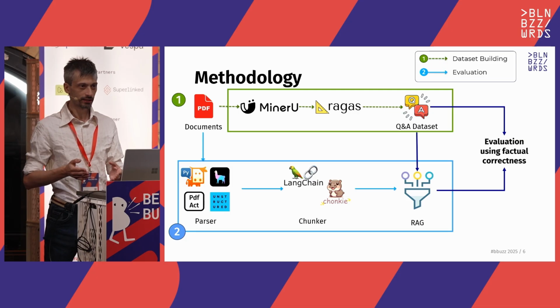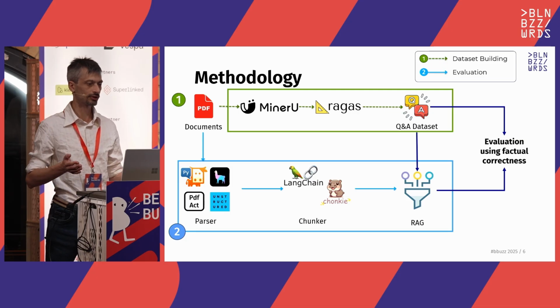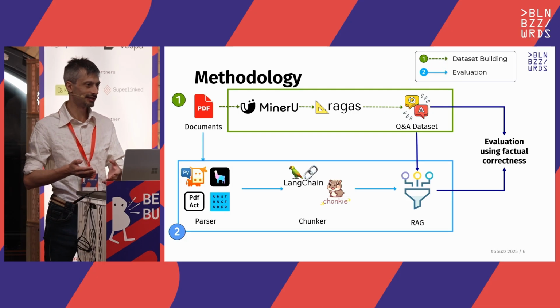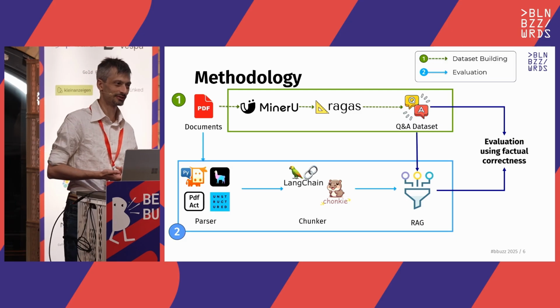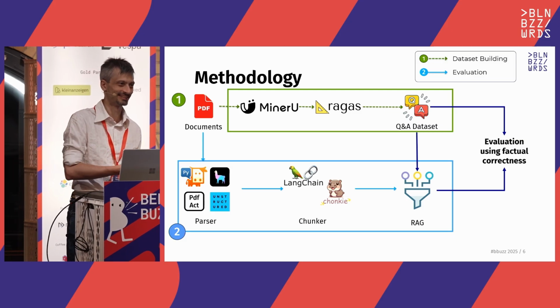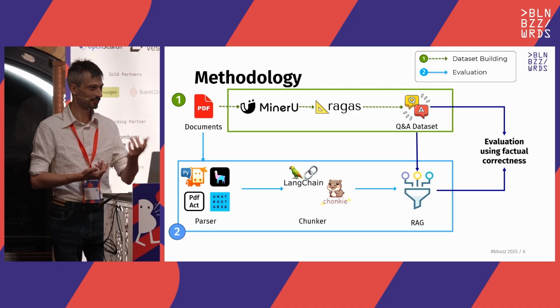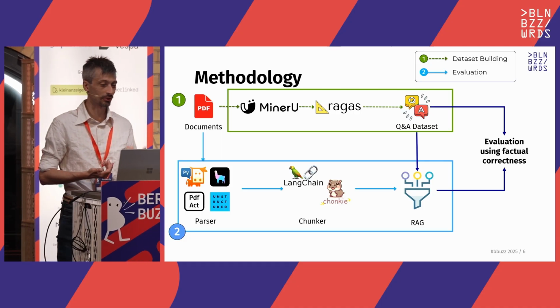Obviously, we need to make a trade-off. To create a Q&A dataset so we can run the evaluation, we needed to parse the documents. So we could not create a dataset with example answers and example questions that we could use.